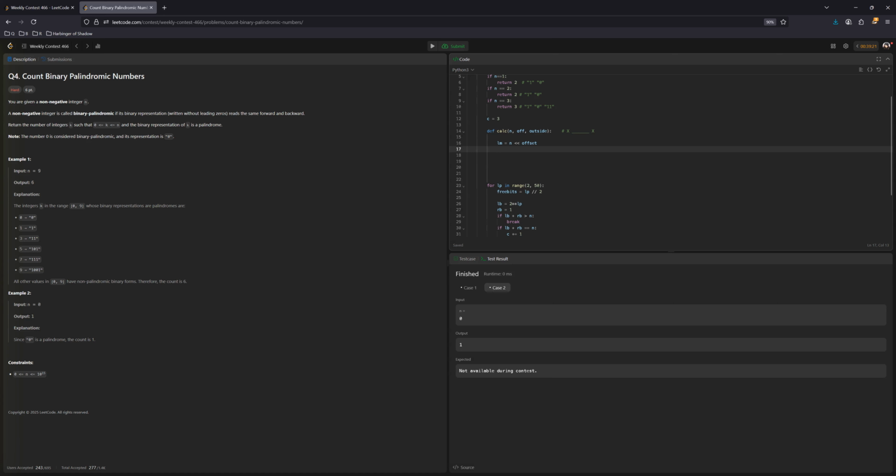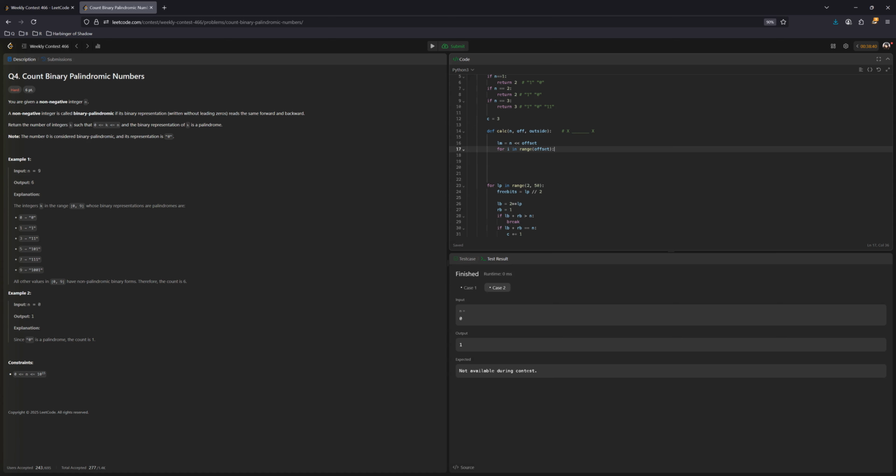So leftmost equals n offset, right? And then rightmost equals, how do we do this? For i in range... Yeah, because the greatest bit is going to be the furthest left. We'll say rightmost equals 0. No, we have to figure it out in terms of the offset.